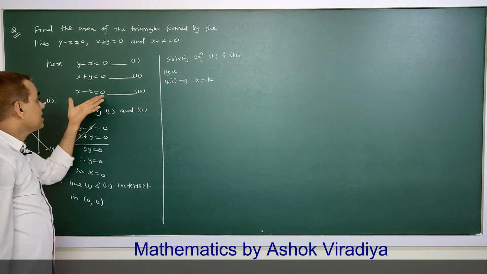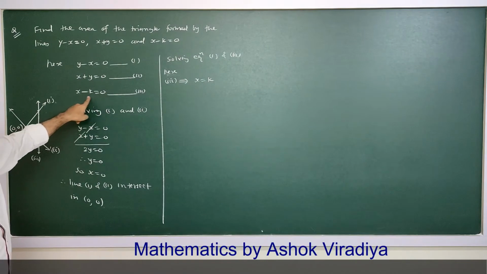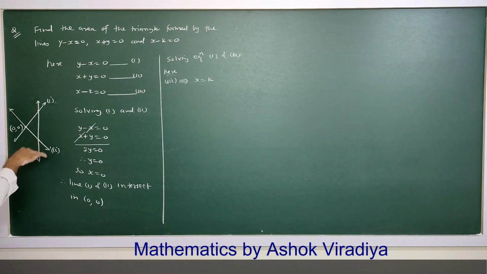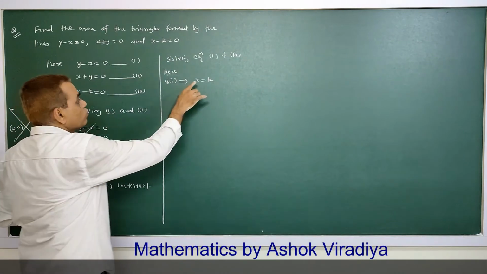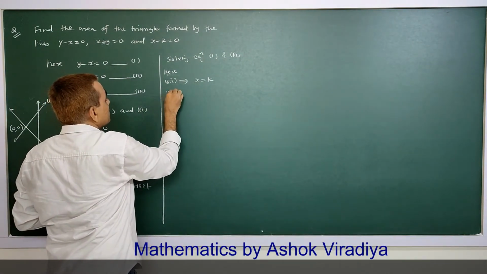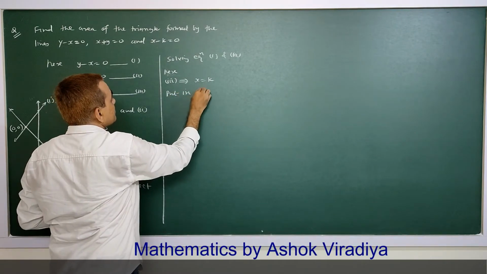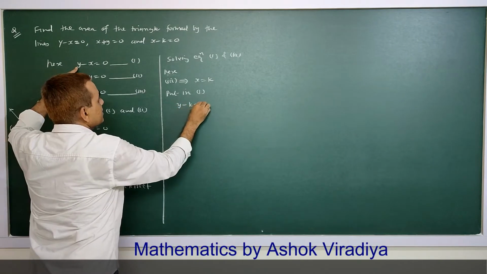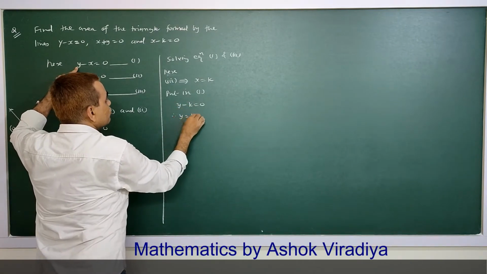That is the meaning of this equation. This is the equation of a vertical line. So every point on this line will have x coordinate k. So putting x equal to k in equation 1, we get y minus k is 0, so y equal to k.